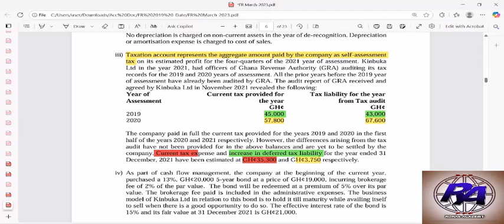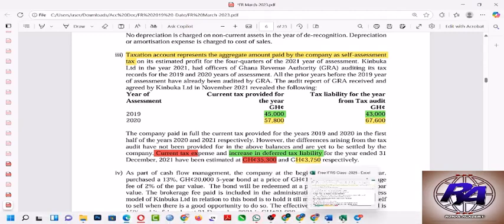I think with this question, you should be able to understand everything under IAS 12. Okay, so now let's solve it. Let's see how we deal with it. First of all, they said they have not accounted for these changes. So let's establish the over provision or under provision under this one, right?